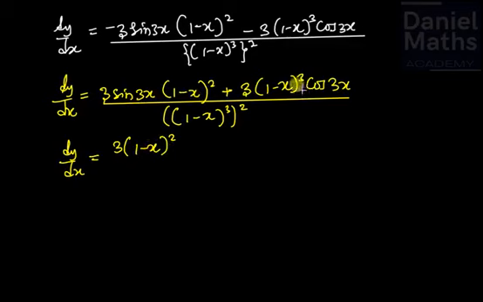This leaves just sine 3x, and plus, from the other term, we have 1 minus x raised to the power 1, and then cos 3x.